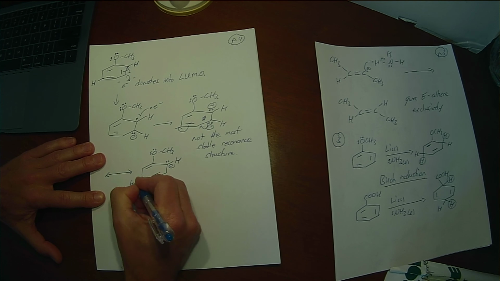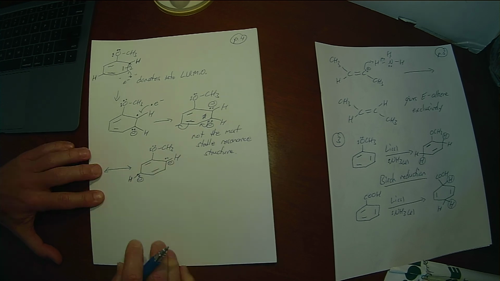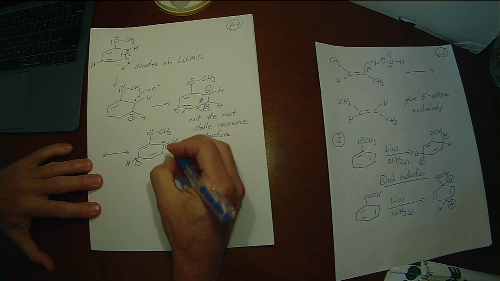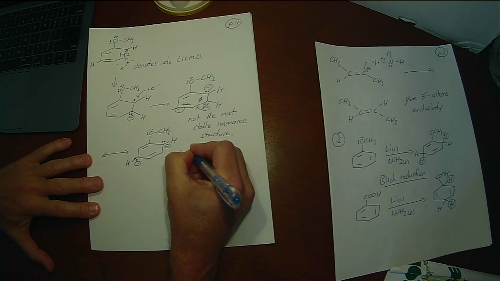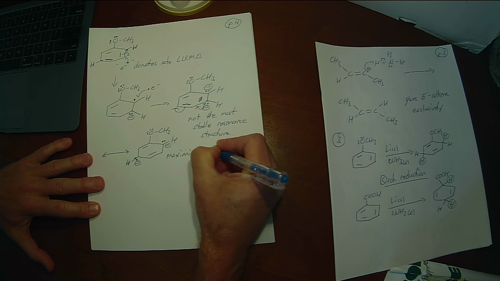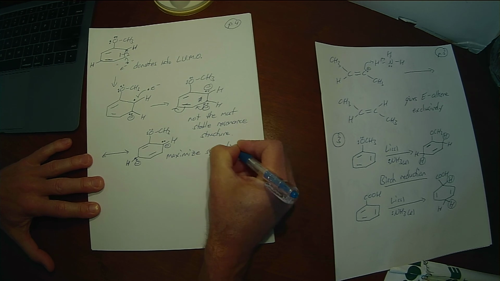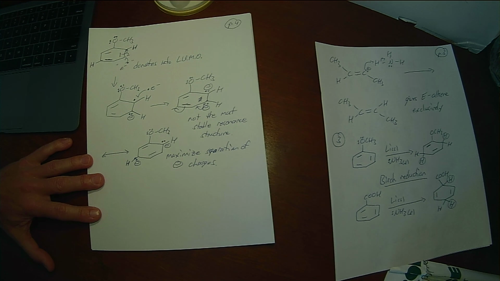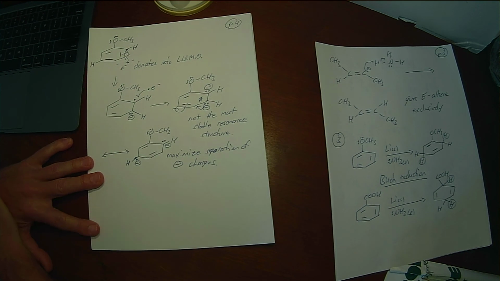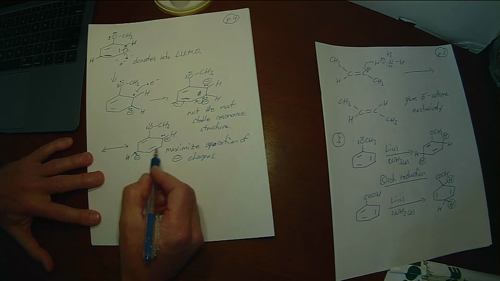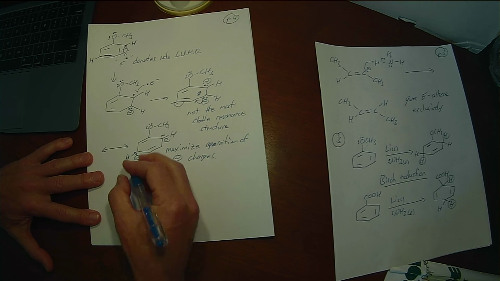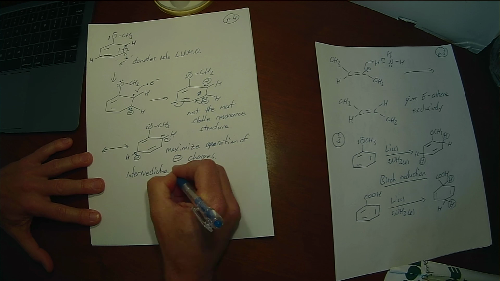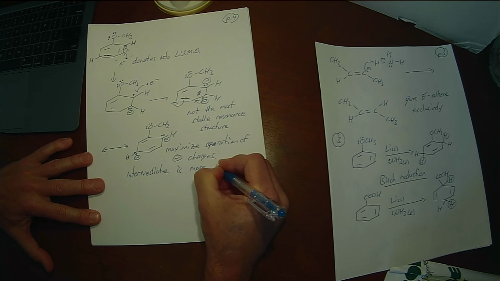It's kind of nice when the same principle allows you to explain multiple reactions. So we maximize the separation of the negative charges. There's no steric factor to contribute here like there is with the alkyne. It's all electronic. But you'll notice that this intermediate is more stable than the other possible intermediate.